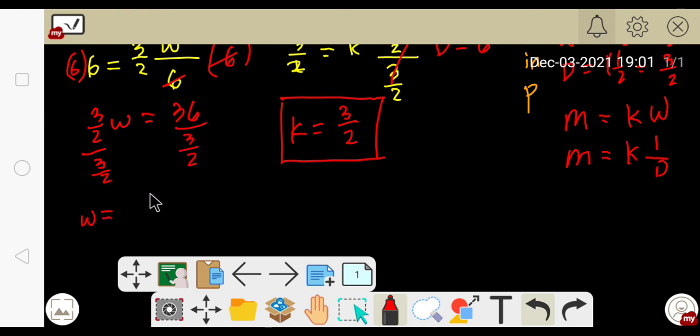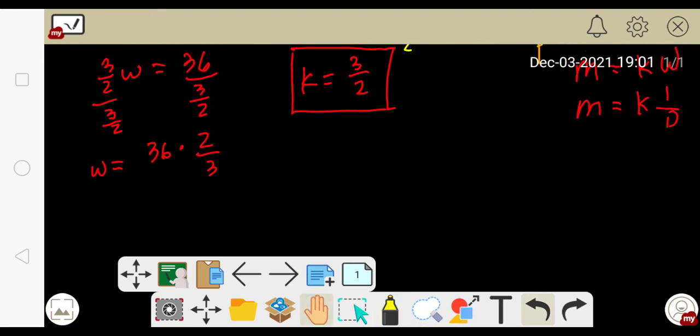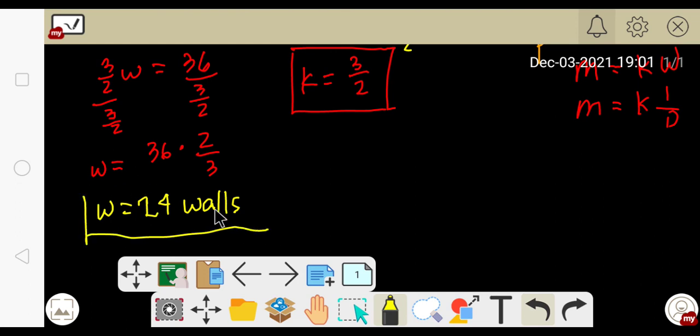So you got W is equal to 36 times 2 over 3, and 36 times 2 over 3 is 24. So the number of walls is 24. This is our answer.